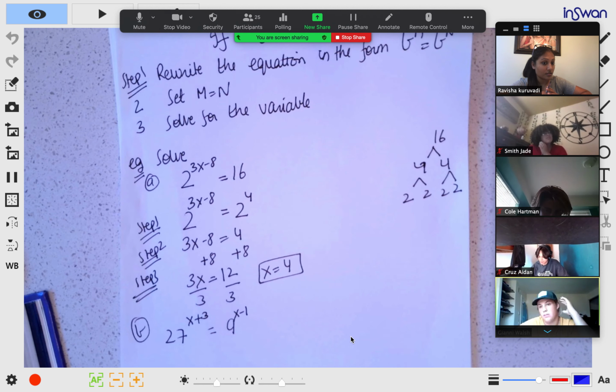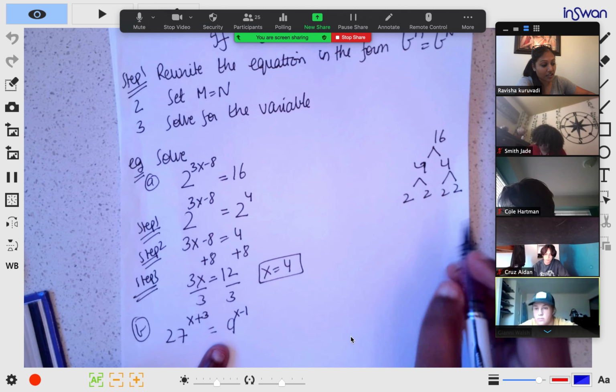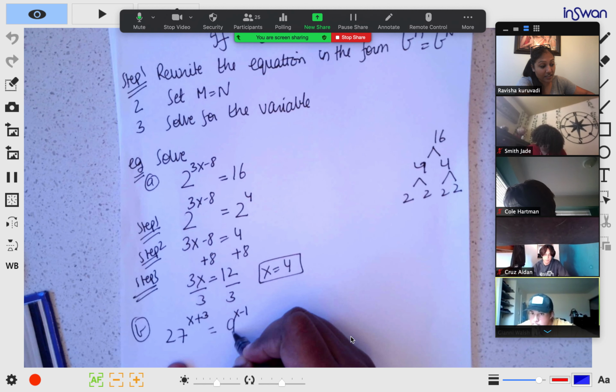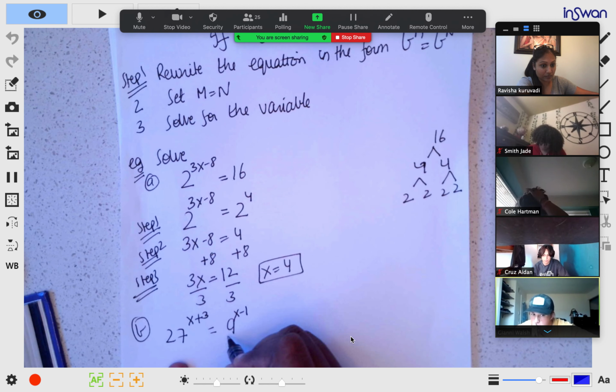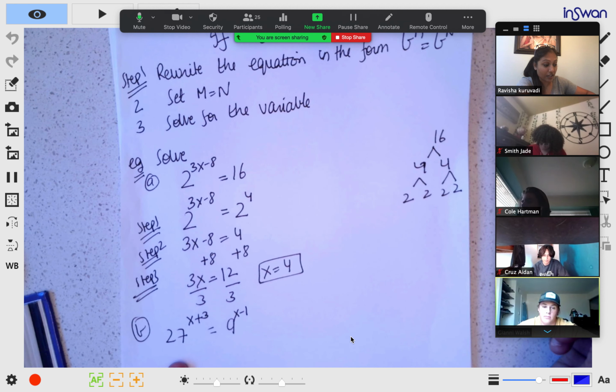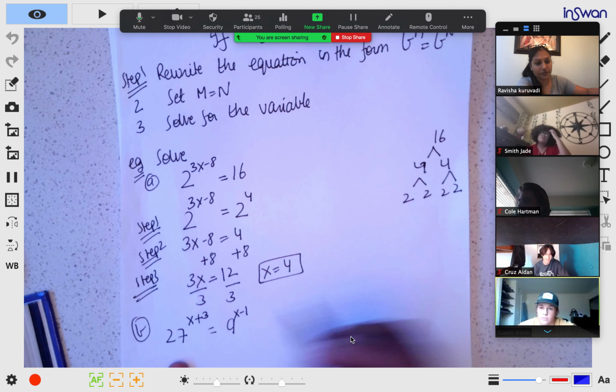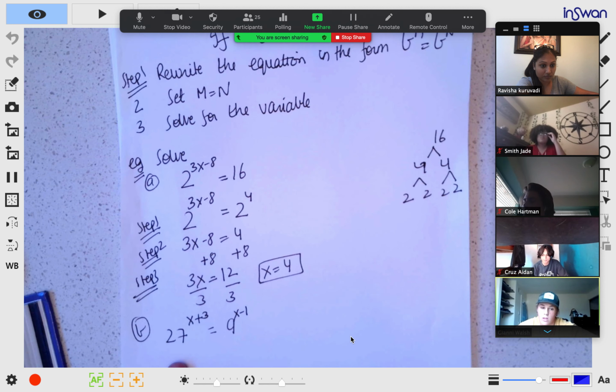No, wait. Okay. You are saying, let's make factors. You are saying 9. Can you write 9 as 27 to the power of something? No. Can you write 27 as 9 to the power of something? Yes. Why?